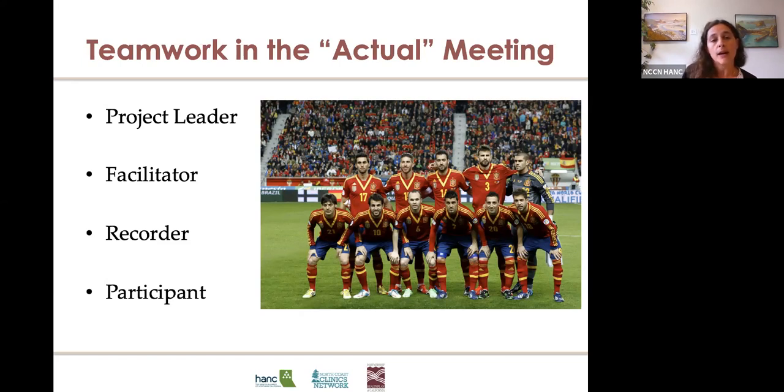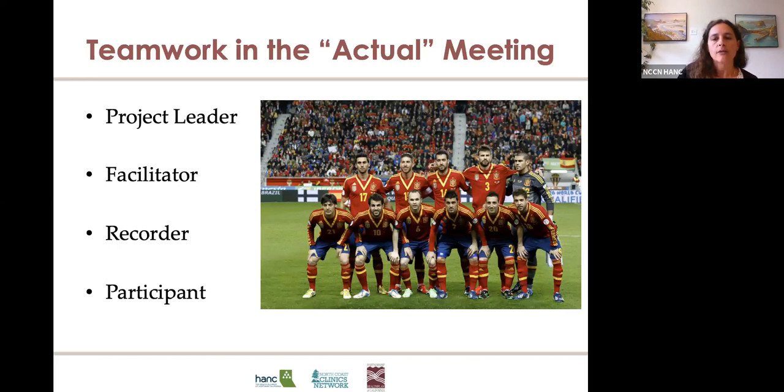That could be that maybe there's one person that's super interested in that, or that fits in their skill set. And so they would be the facilitator for every team meeting that you have. So just thinking through whether you want to assign roles each meeting, or from the beginning, and everyone just keeps that same role throughout the project.